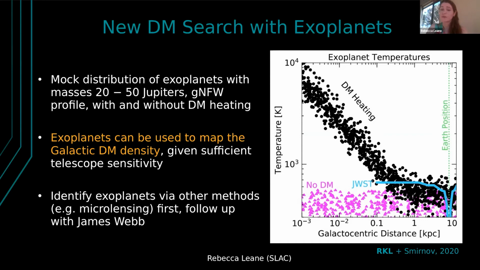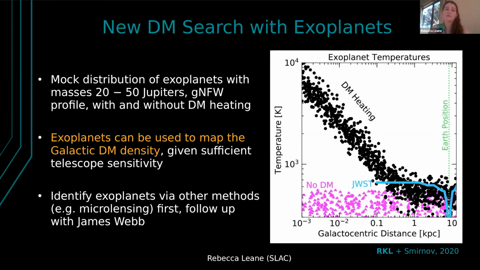Compared to the hypothesis that dark matter doesn't heat the exoplanets, you get these magenta triangles. This is the same planets just with no heating. So you can see, depending on which hypothesis is correct, the predictions are very different. And James Webb can see anything above this blue line here. So this seems like a great way potentially to map the galactic dark matter density, given you have sufficient telescope sensitivity and given you understand the systematics enough.